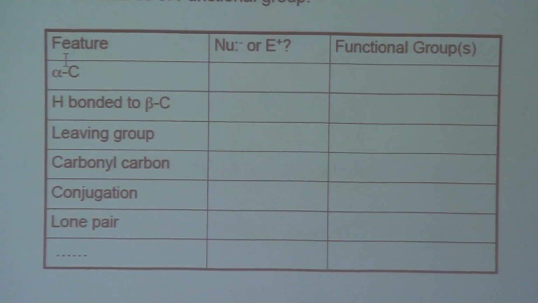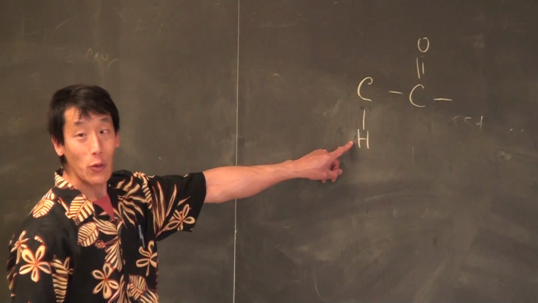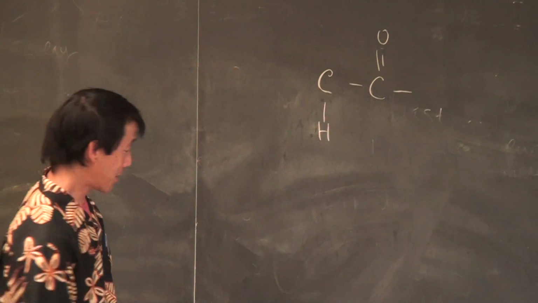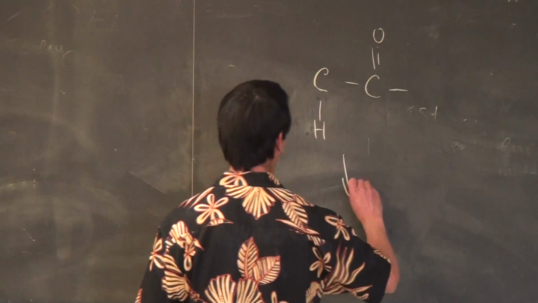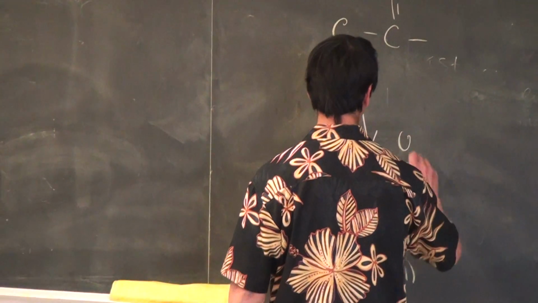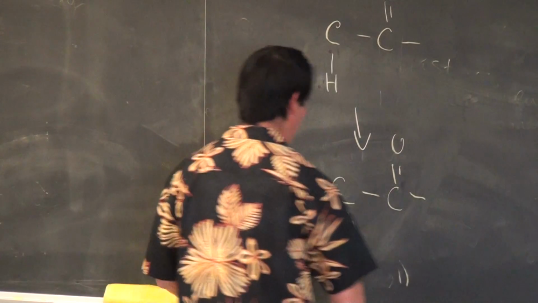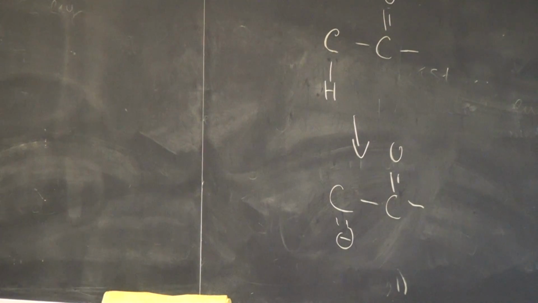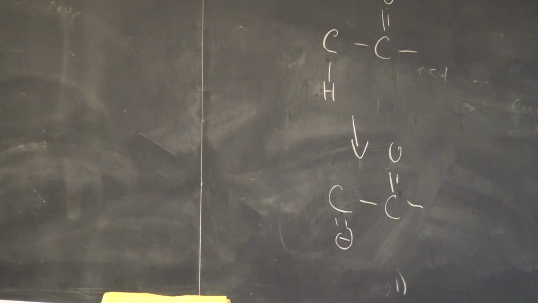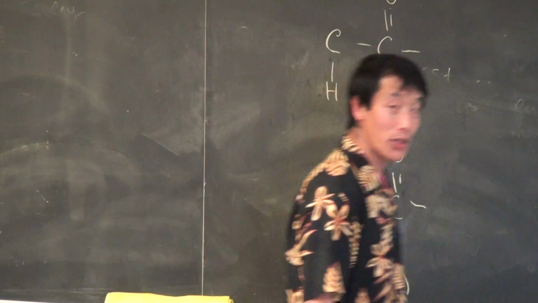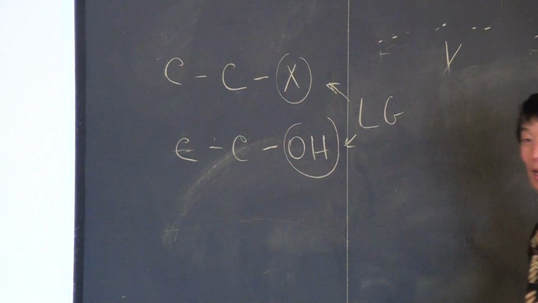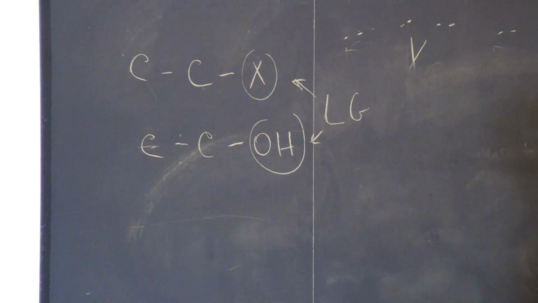It turns out the H bonded to this alpha carbon is acidic, but once that H is removed, you get this, and this behaves like a nucleophile. For this other alpha carbon, that behaves like an electrophile.